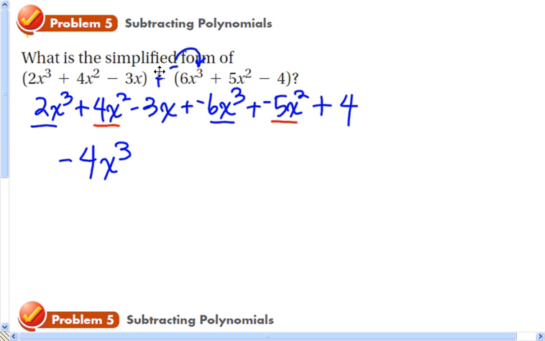Now my red underlined like terms, we have 4 plus negative 5, that's negative 1. And I'm just going to write that as minus 1x squared. Okay, and the other two terms are not like terms, so I'm just going to put those with the rest of it there. And so that's my simplified polynomial.